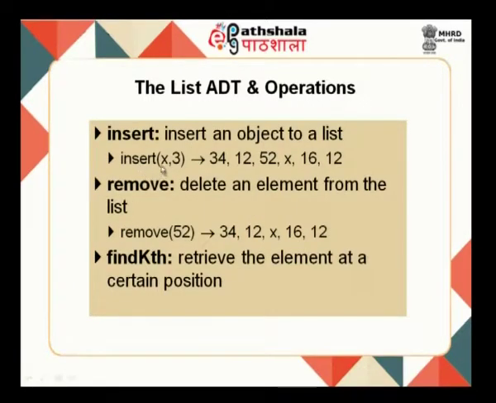We want to insert the element x to the list. So, 0, 1, 2, you are putting it in the 0th position, first position, second position, third position. Remove 52, 52 is removed. Find the kth, retrieve the element at a certain position. That also you can give.